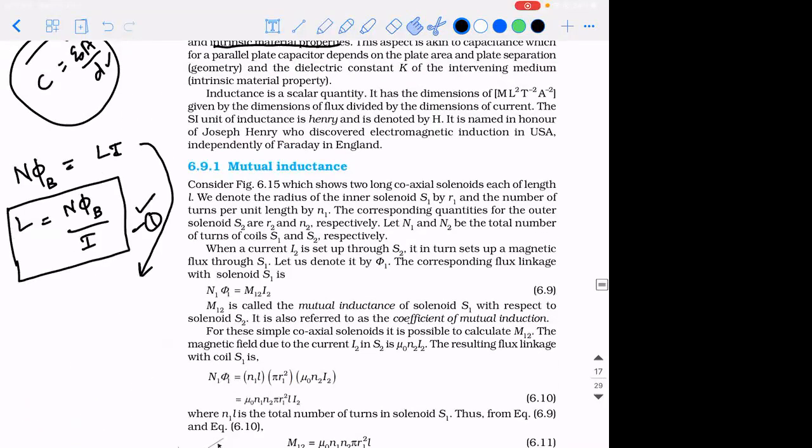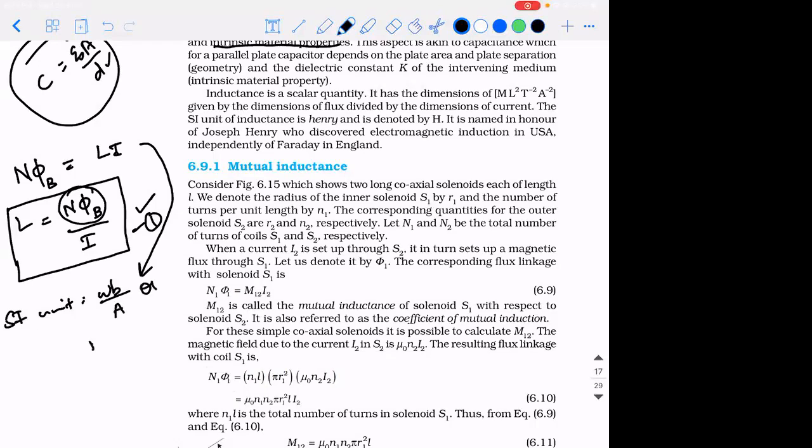Now the question is, what is going to be the SI unit of it? For N phi B divided by I, the SI unit of flux is, see, for N there is no unit, Weber per ampere.